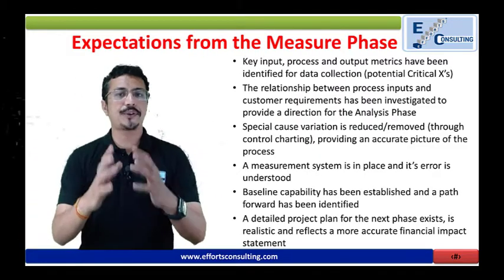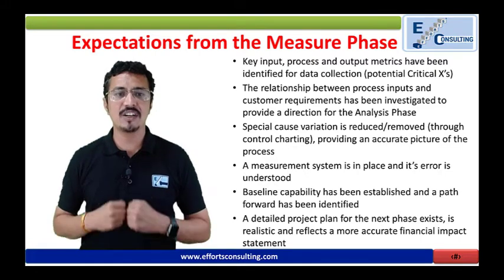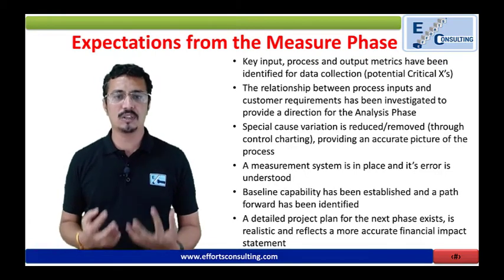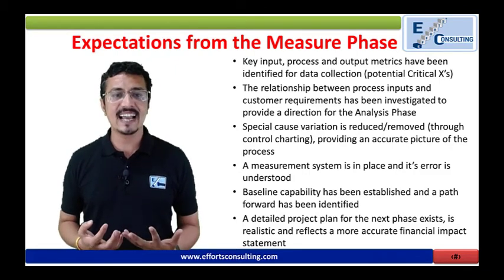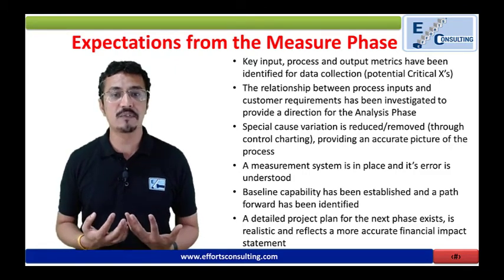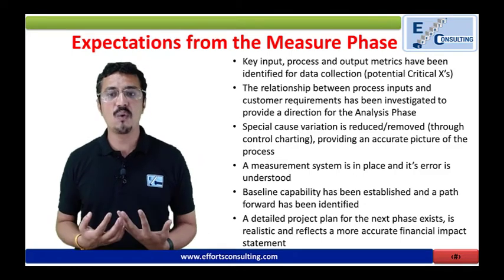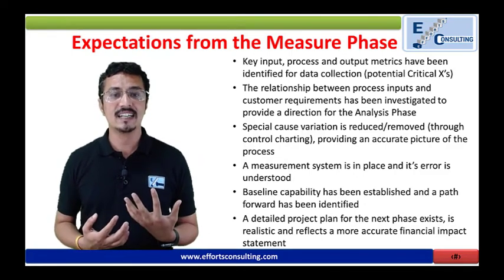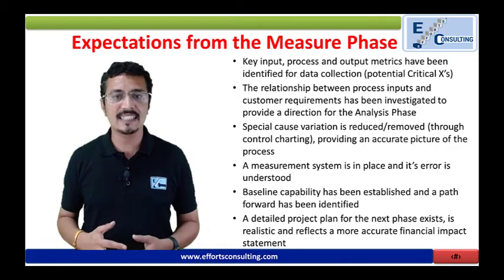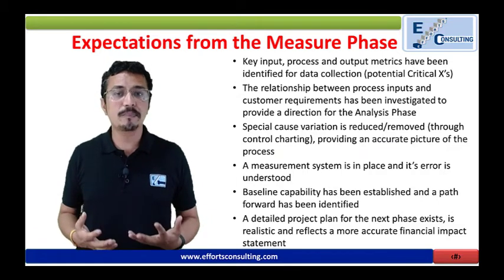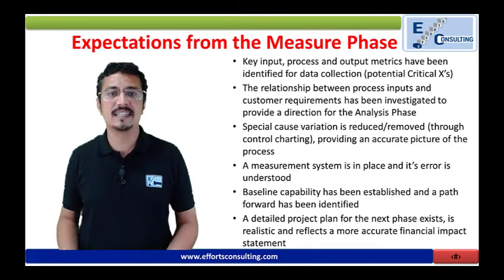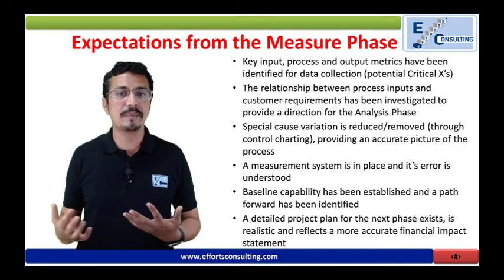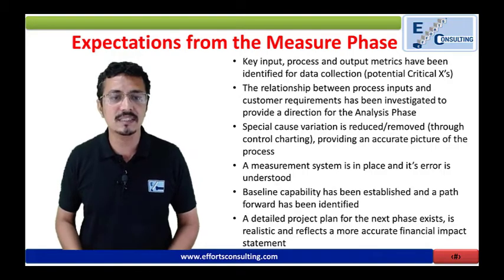So in this particular phase, we have understood the input, process, output matrix, and identified the critical Xs. We understood the relationship between input and customer requirement and investigated the directions for the analysis phase. We understood the special cause variations and how we can measure to get an accurate picture of the process.